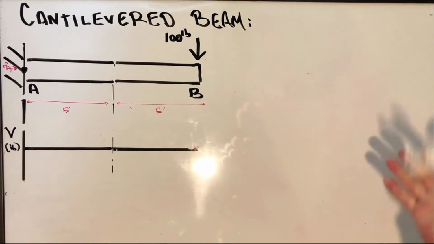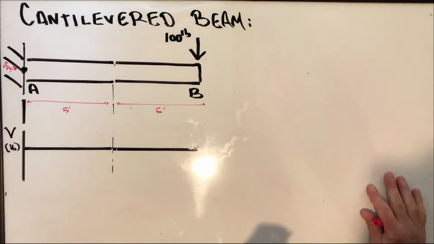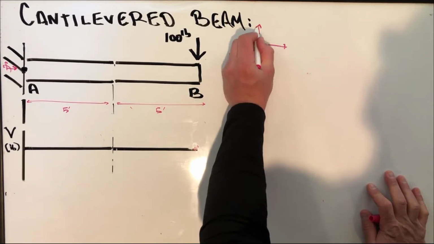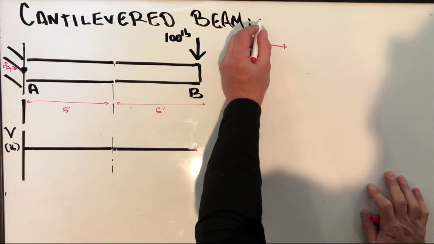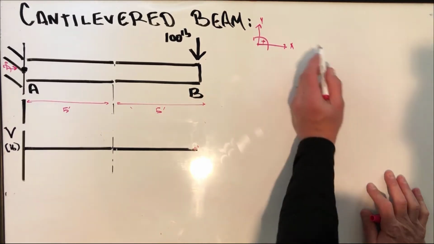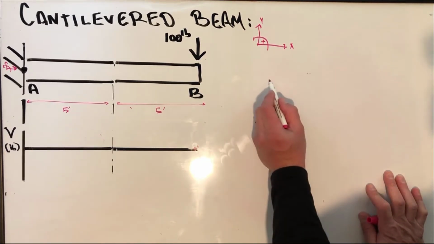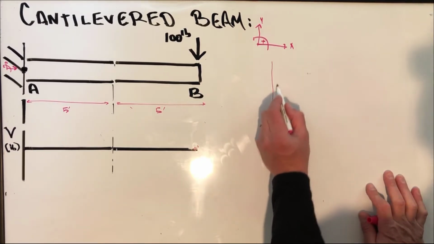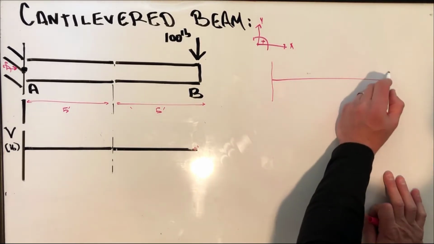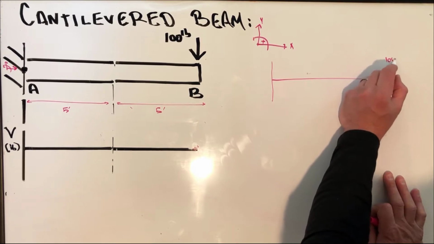Just like we did with our simply supported beam, I'm going to go ahead and do a free body diagram. My sign convention, my Y, X, and my moment are all positive. Then I'm going to go ahead and draw out my cantilevered beam. So there's my 100 pounds.